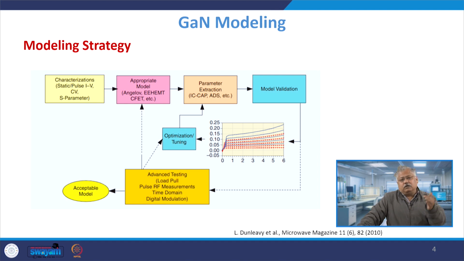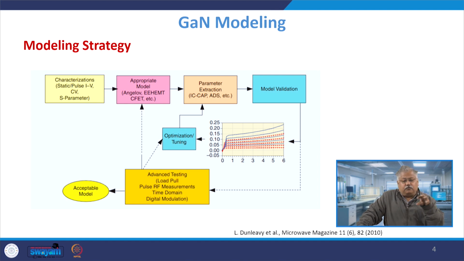For any GaN, or gallium nitride based modeling, we can have a GaN HEMT or any other GaN power device. Typically, we do characterization initially. So we take up the device and do a characterization, for example with a CV meter, try to extract the S parameters of the device, and look at static and pulsed IV, current versus voltage characteristics.